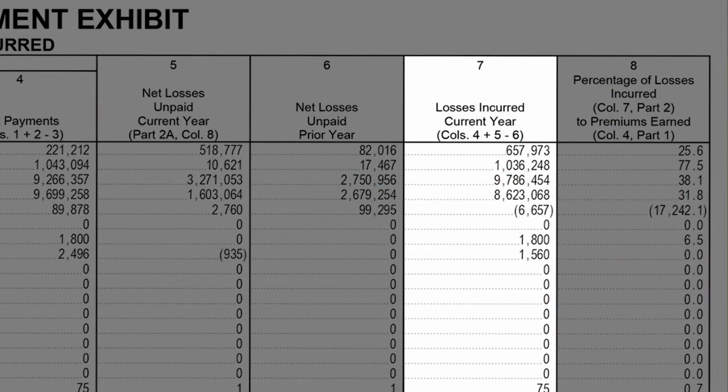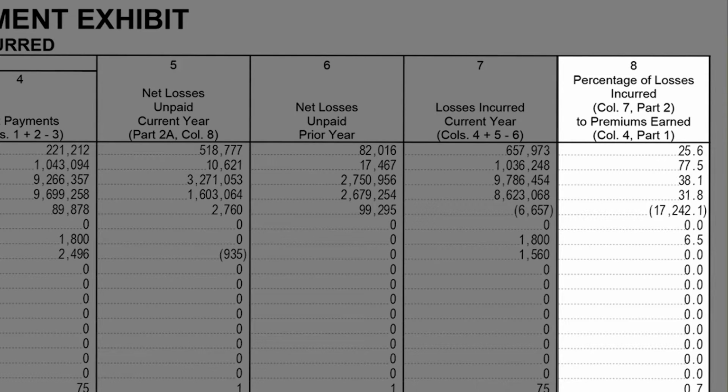The change in those numbers is added to the net paid to get the net losses incurred, which is, in fact, column 7. So you can see in column 7, losses incurred current year, column 4 plus column 5 minus column 6. That's the standard formula for incurred losses, and that works throughout the annual statement.